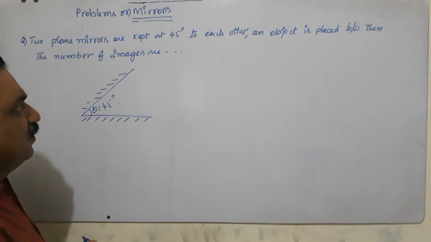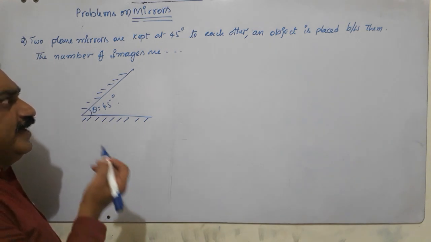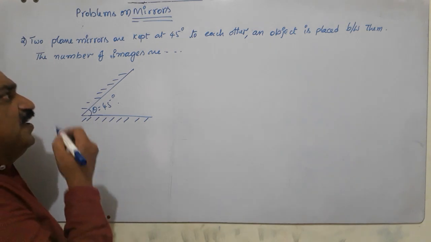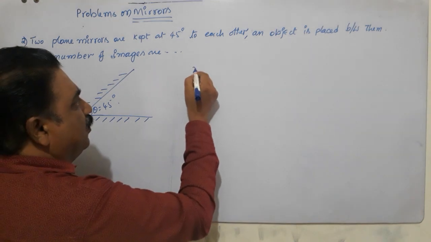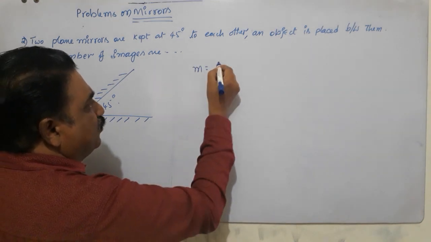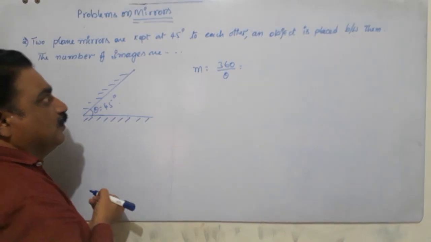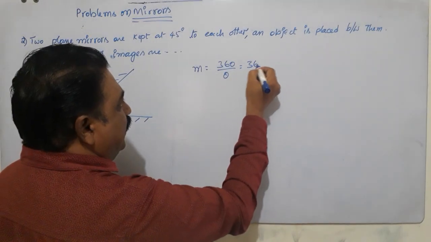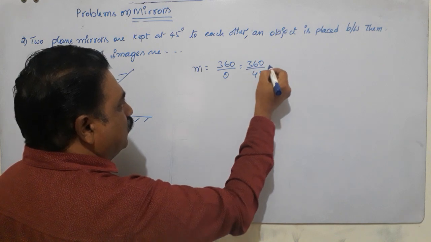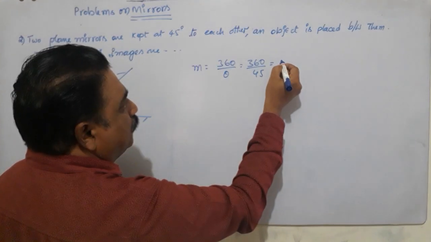For that sake, you have to know the value of m first. m equals 360 by theta, that is 360 by 45, which is equal to 8.